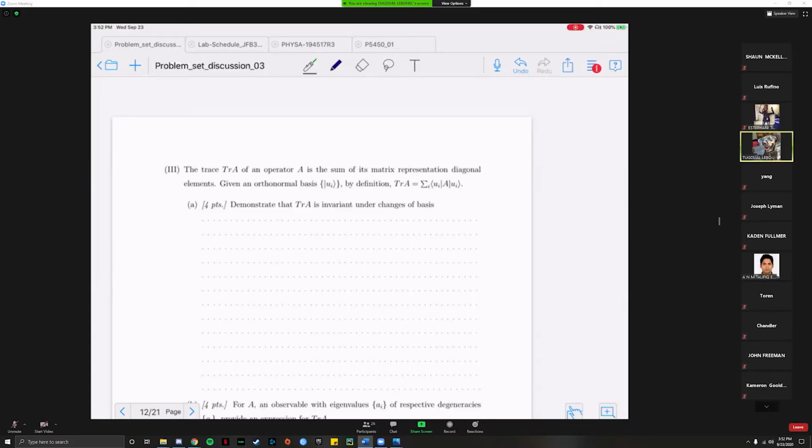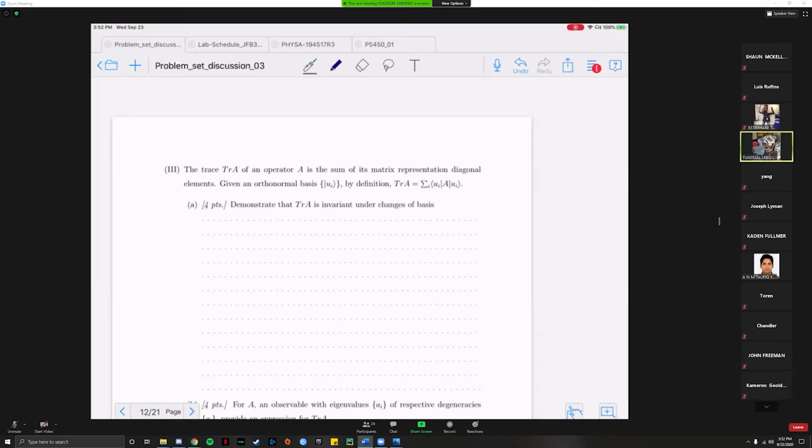Okay. So the idea is to show that if we use another basis, then we would find the same result. So how would you do that? How would you start? I would try throwing in the identity operator somewhere.